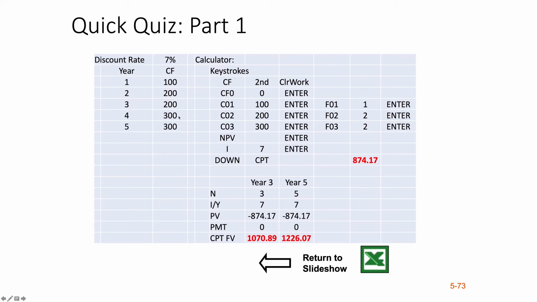After you enter all the cash inflows, you hit the NPV key. Then input your interest rate 7%, enter, downward key, compute for the present value, which is 474.17.